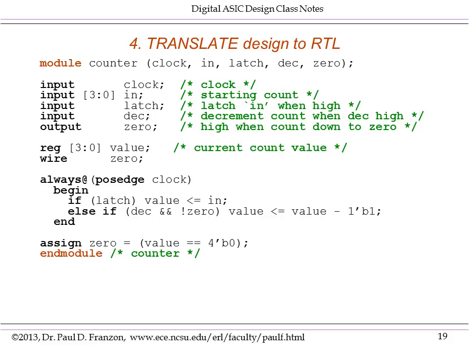What happens to the value of value if neither of the if statements are executed? That is, latch is low and either dec is low or zero is high. What happens to value? It just stays the same. Right? Since it doesn't change, the behavior of the code is such that it has to stay the same.